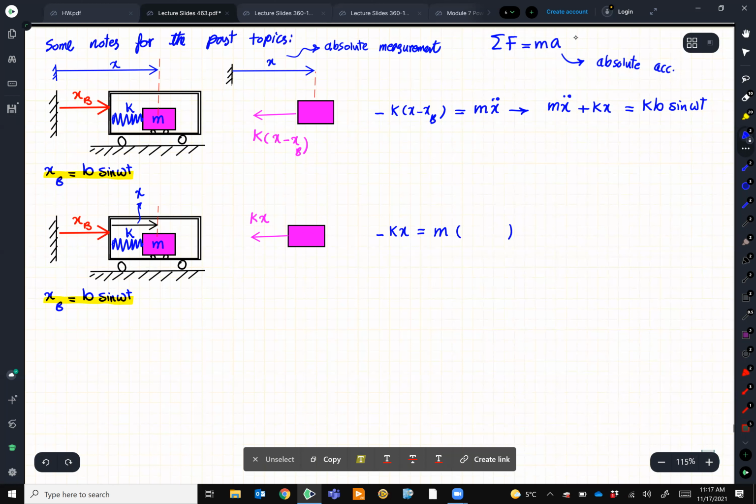What should be the acceleration? Remember again, you need to measure the absolute acceleration. You are outside looking at the whole thing. So if you are outside looking at this mass m, you will see it moves with an acceleration which is x double dot plus x double dot b. Again, let's say you put the camera outside on the ground and it looks at this mass m.